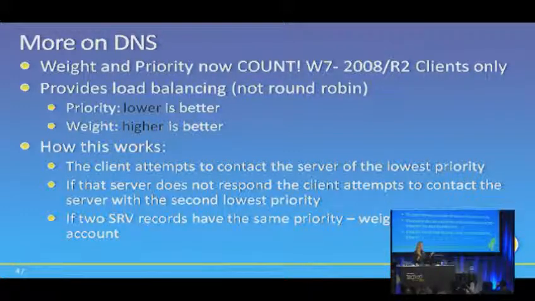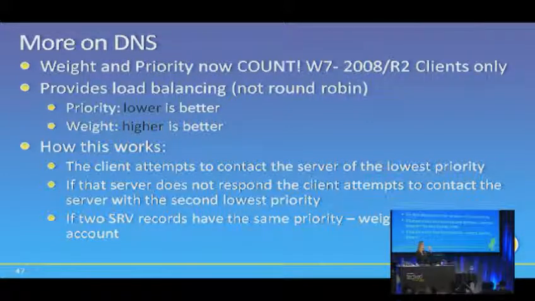I don't know who uses weights, but if you happen to have all your KMS records at the same priority, then you can choose to use weights instead of the priority. So all your priorities are set to 0. They're all important. But then you can weight it. When you weight it, the higher the number is better. So a server with the weight of 10 is going to get more traffic than a server with the weight of 5.